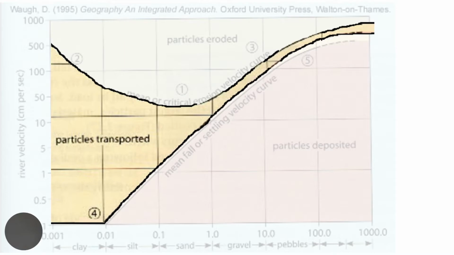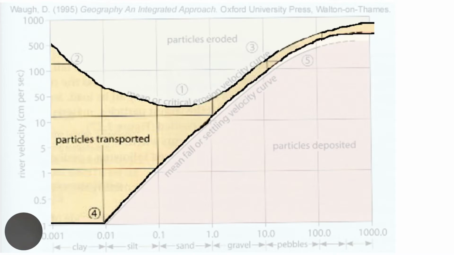Now, notice that a big gap between the critical erosion curve and the deposition line implies that sediments will be transported further, while a small gap implies that a relative drop in velocity causes a sediment to be deposited, so they can only travel short distances.